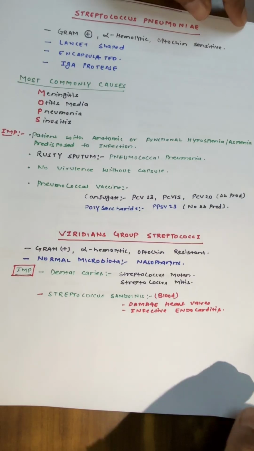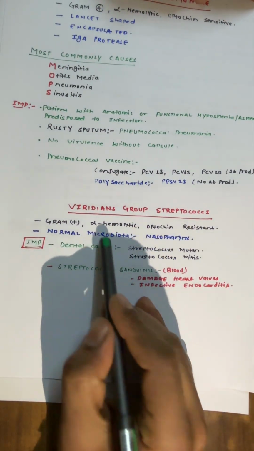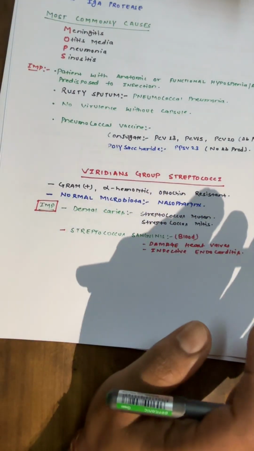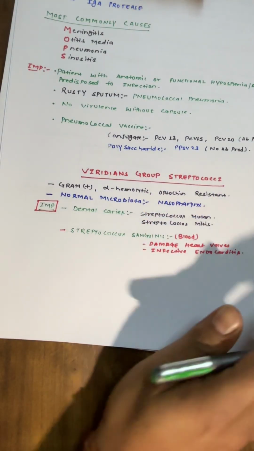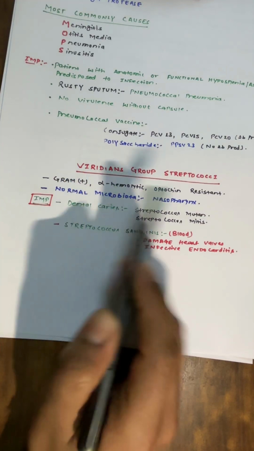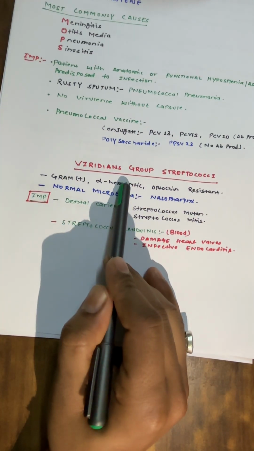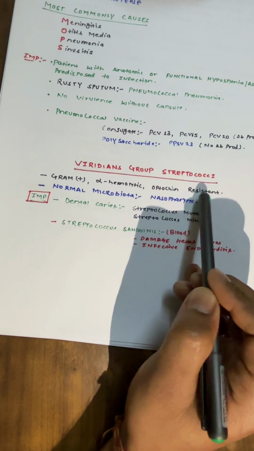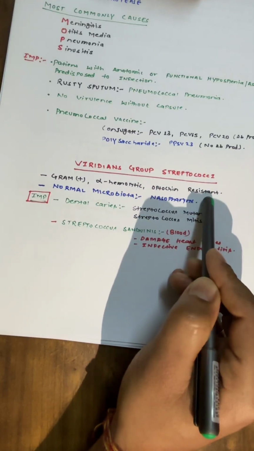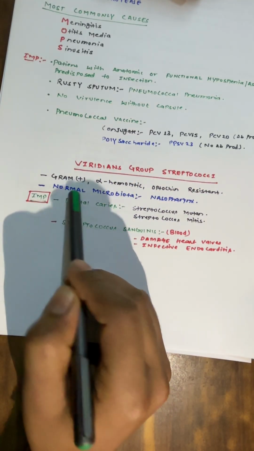Now we'll look at the Viridans group of Streptococci. On lab characteristics, they are also gram positive like Streptococcus pneumoniae, and alpha hemolytic, but they are optochin resistant. Streptococcus pneumoniae is optochin sensitive, but Viridans group are optochin resistant.